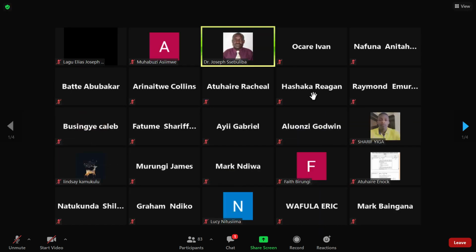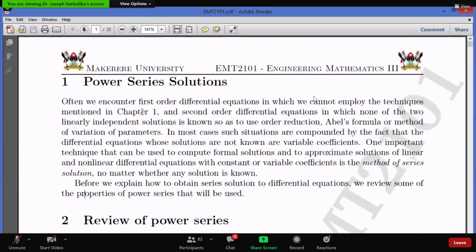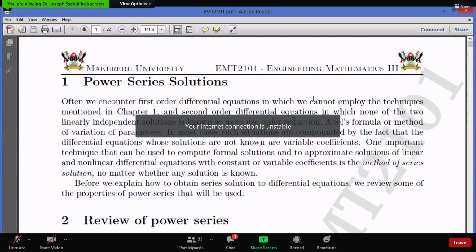Okay. Can you guys see my screen? Yes. Okay.